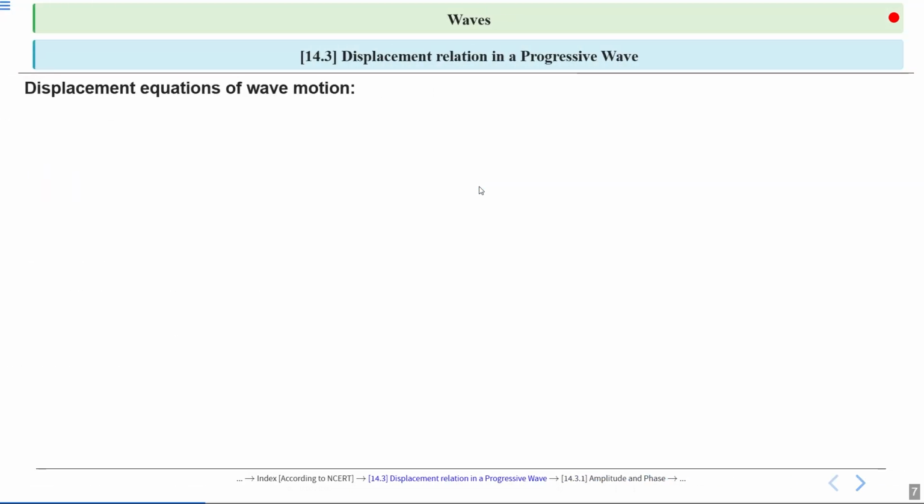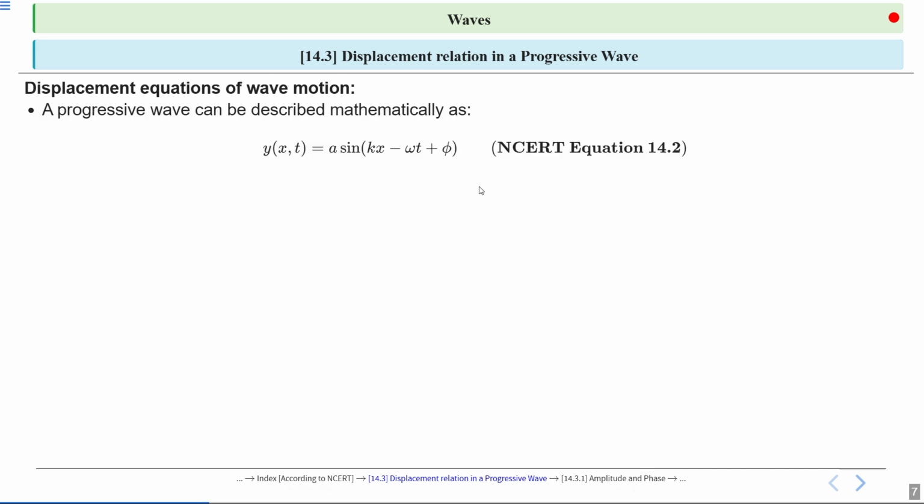Let's now understand displacement equations of wave motion. Let's look at the main equation for a progressive wave. y of x, t is equal to A sine (kx minus omega t plus phi).